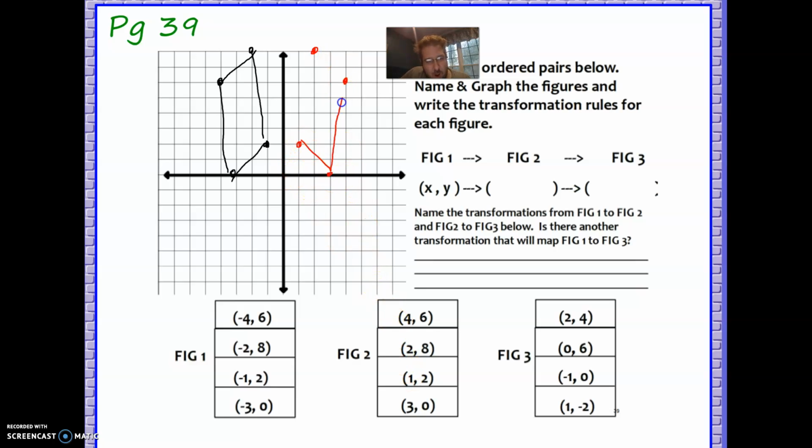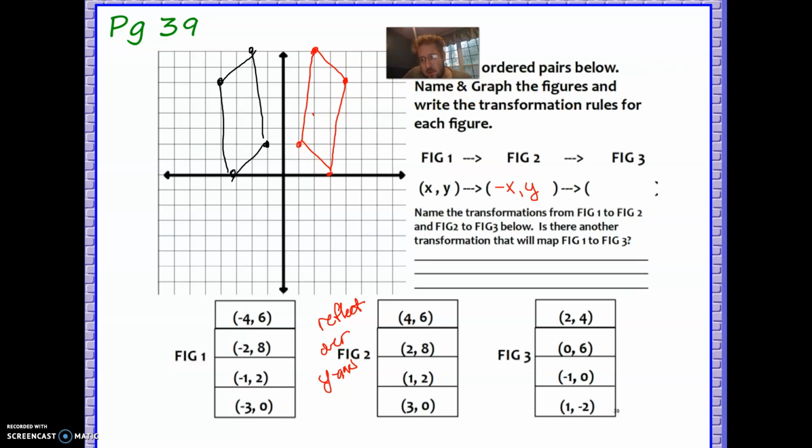Now, after I draw it, you can clearly see that this is a reflection over the y-axis. When you look at the coordinates, you'll see that x, y are turning into opposite x, y, meaning the x turned into the opposite. So a negative turned into a positive for all of these.